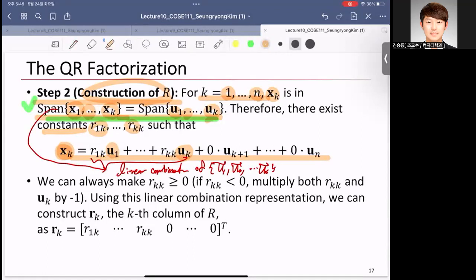Then maybe there exist u_{k+1} to un, but we just assume that they are multiplied by 0 because there are no such terms, right? So x_k is going to look like this, right?